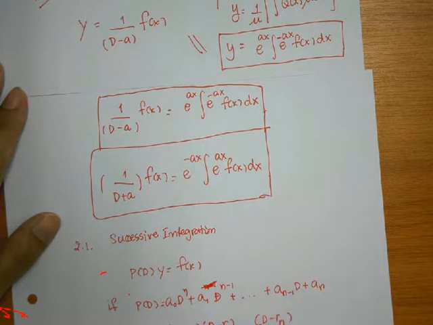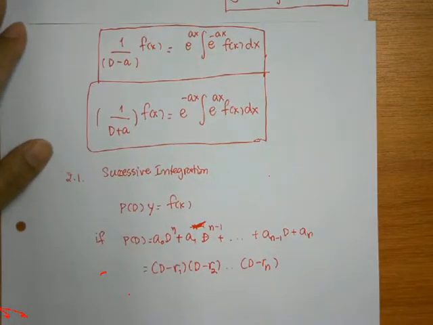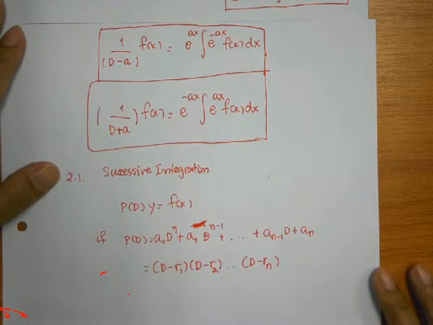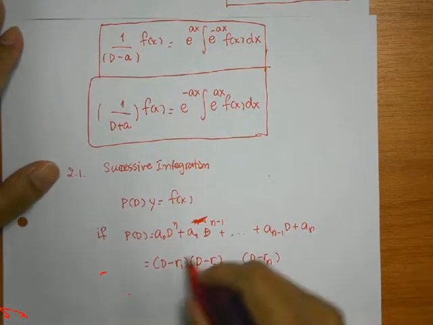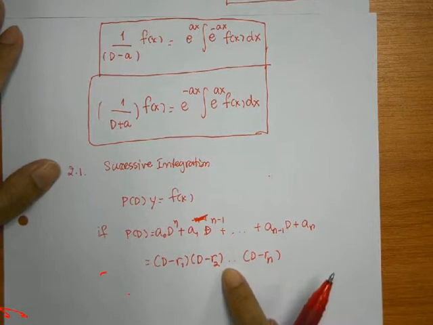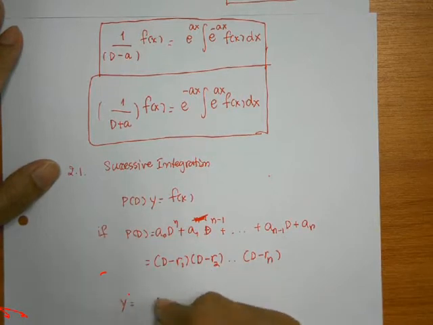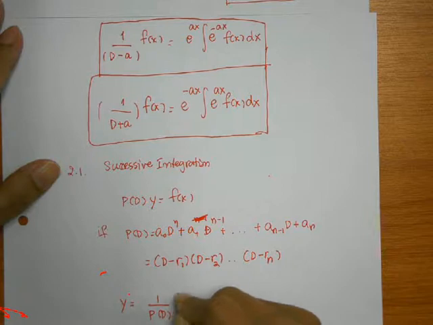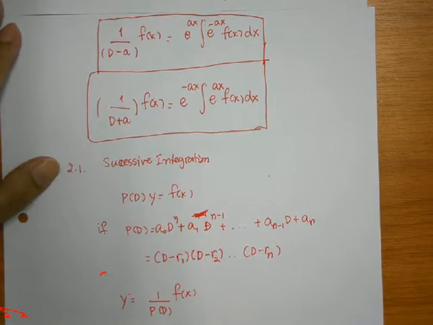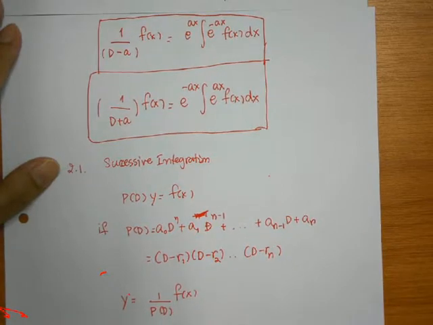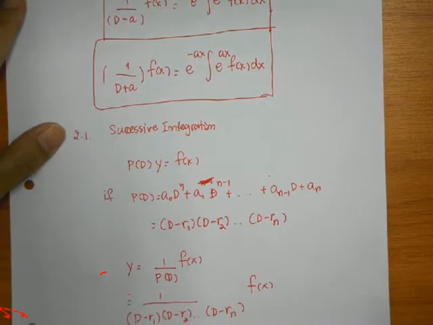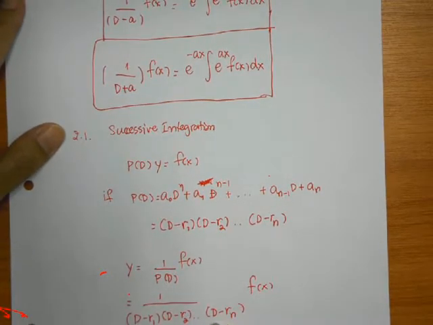Then we can use the definition that we just found out to find the solution. Okay? If P(D) can be written down in this term, then we would get y is equal to 1 over P(D) times f(x), which is 1 over times f(x), right? And then you know that the meaning of 1 over D minus a is equal to an integral term.